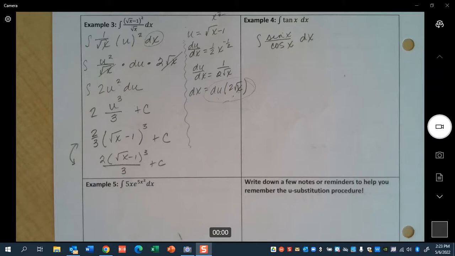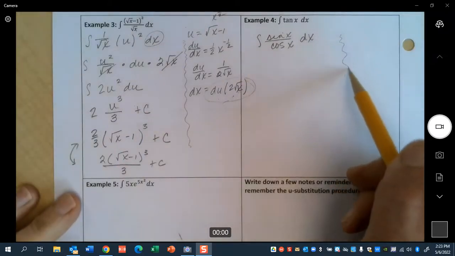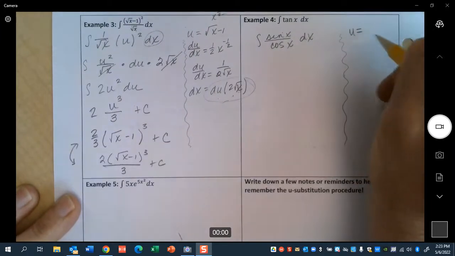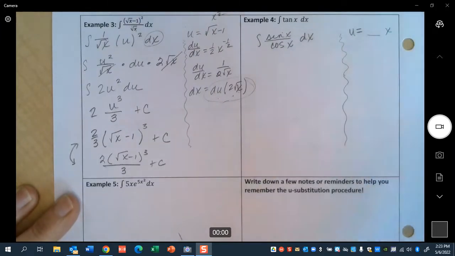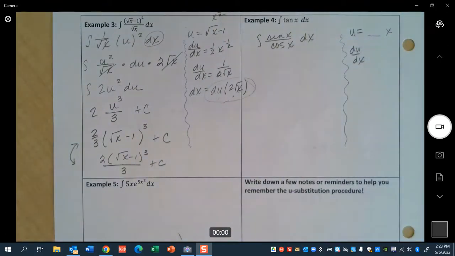So I'm going to think ahead about when I take that derivative. So if I have my u equal to, I have to think about, is it going to be my sine or my cosine of x, because I'm going to be finding my du dx, and I know that whatever I put in, I'm going to want to start making some stuff cancel out.